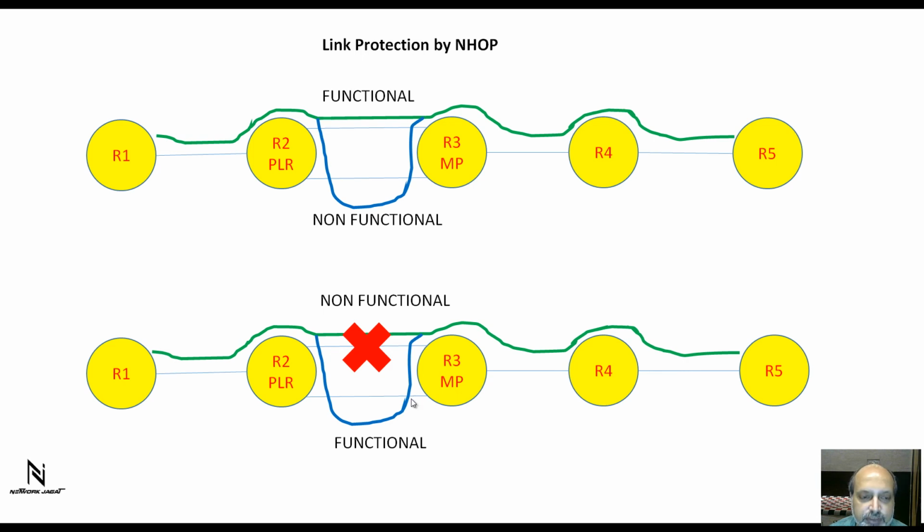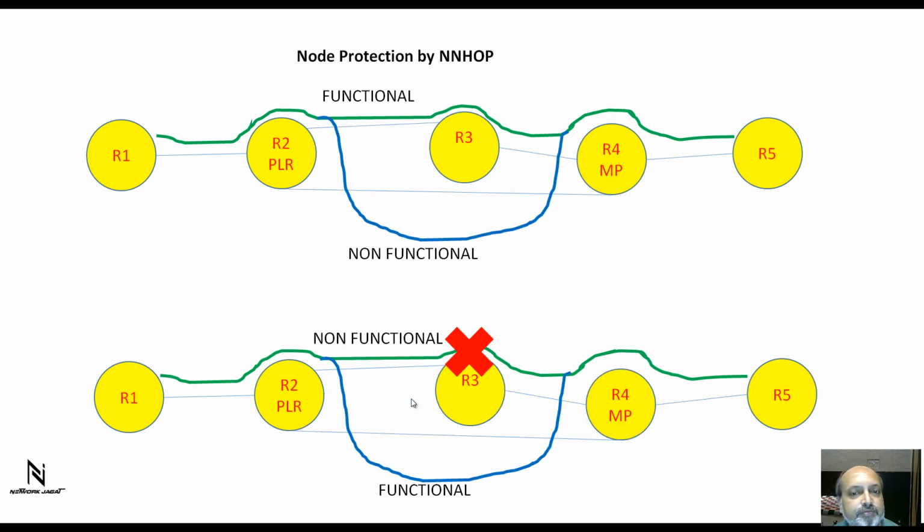Now if you see this diagram, where you are maintaining a direct connection from R2 to R4. In this case, if R3 fails, these two links will definitely fail, right?